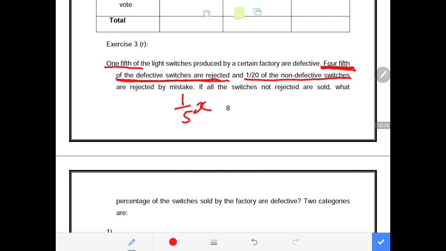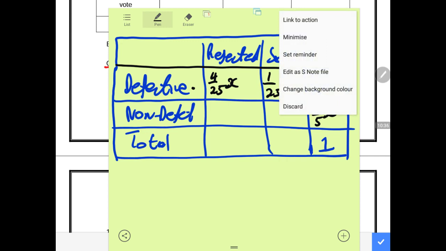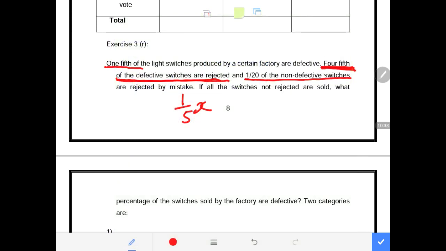Let us look at the non-defective first. Do we have non-defective? We do have non-defective. We calculated it ourselves, and now they do need that information. They say 1/20th of the non-defective switches are rejected by mistake.